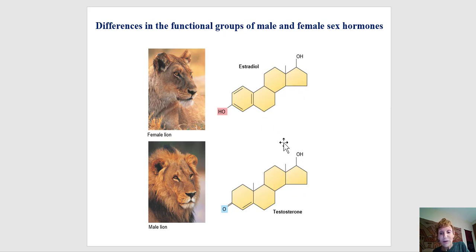If you have too much of this, you start making estradiol. So males will start actually developing breasts, and females, because they have too much testosterone, if they're taking anabolic steroids, will start growing facial hair, and their voice will deepen.